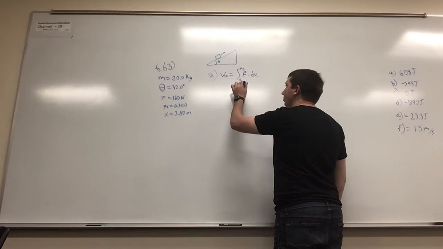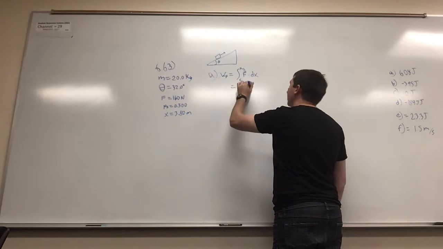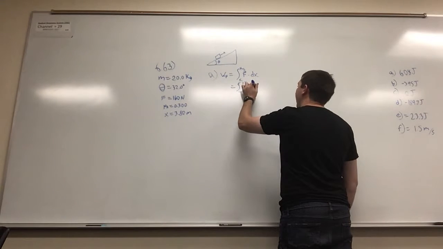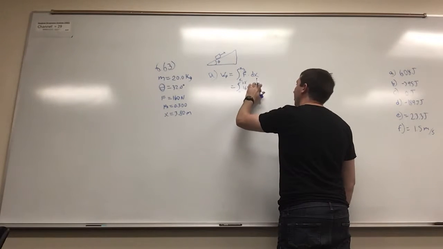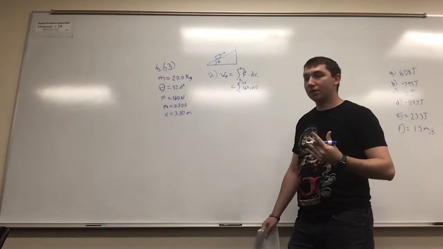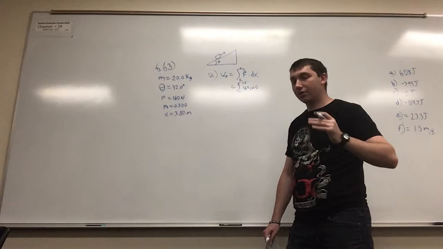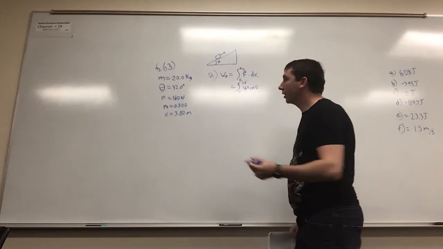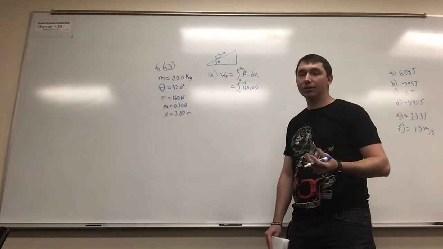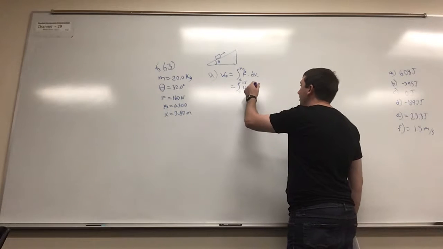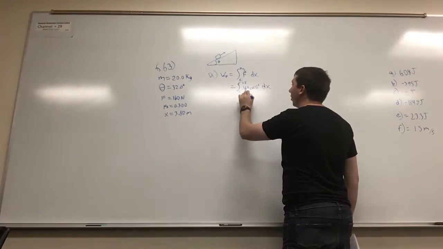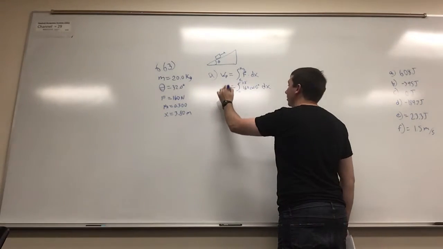The force is going to be equal to 160 newtons times cosine of the angle. And in this instance, because it's the angle between the direction that the force is applied and the direction that the object is moving, and since the force is applied in the direction that the object is moving, the angle is 0 degrees times dx. So all of this can get pulled out of the integral.